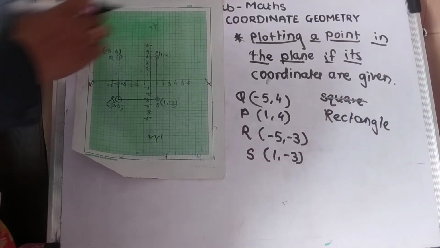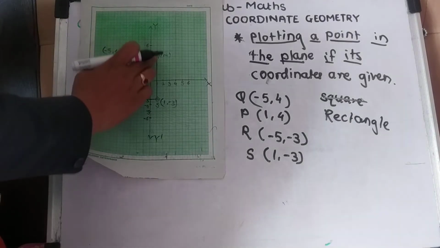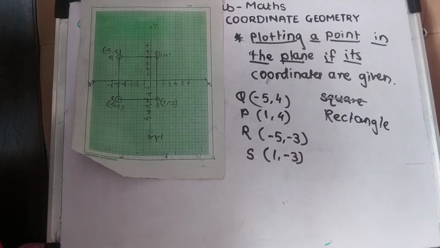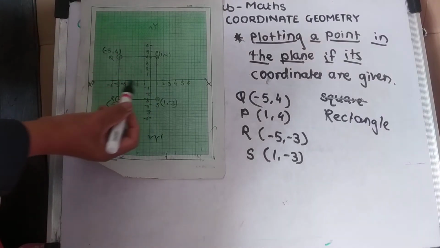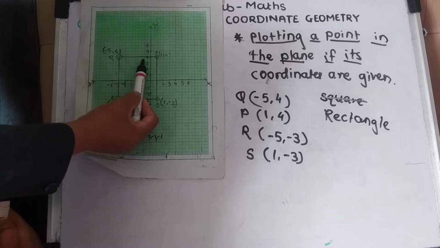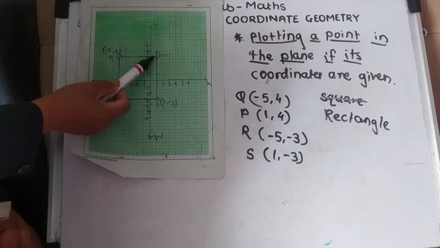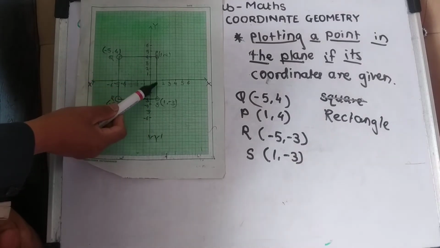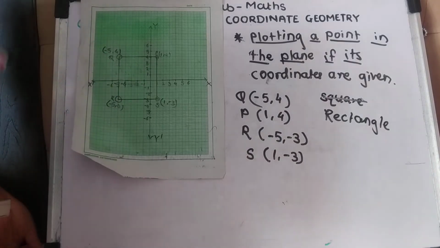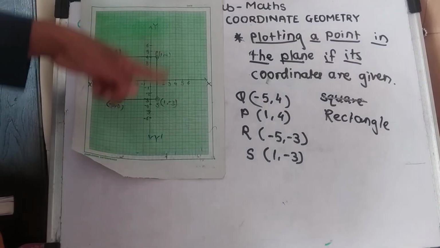For finding out the area, you can simply count all the boxes from the given figure, or you can use the area formula of the rectangle. That is 1, 2, 3, 4, 5, 6: 6 boxes horizontally, and 1, 2, 3, 4, 5, 6, 7: 7 boxes vertically. So 6 into 7, 6 sevens are 42, is the area of this rectangle.